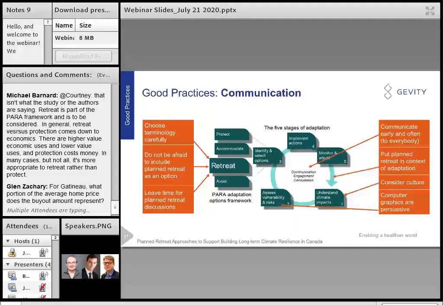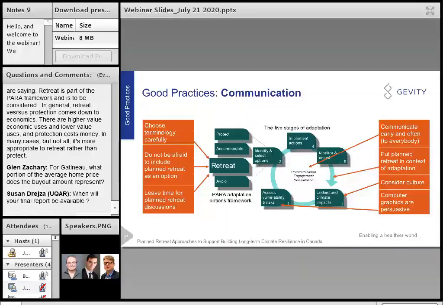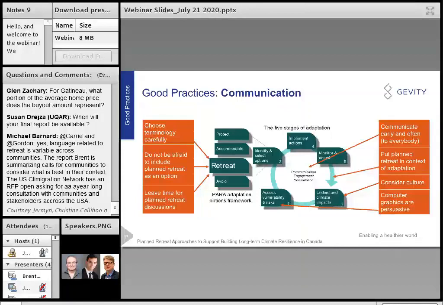Starting on the top left-hand side, choosing terminology carefully. I've mentioned that already. Certainly as you're beginning to have discussions with communities about climate change adaptation, ask the community what terminology they're comfortable with. And really don't try and force terminology that creates more problems than you really want.